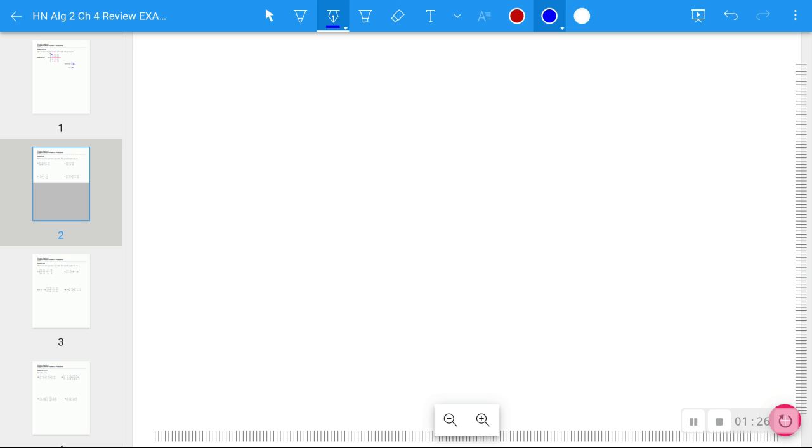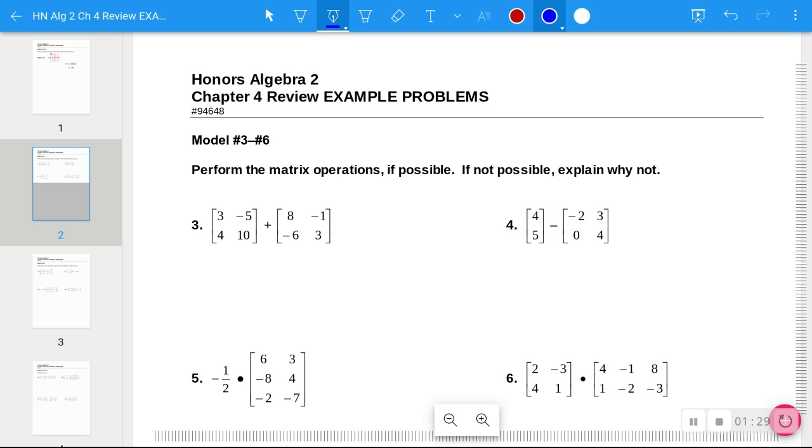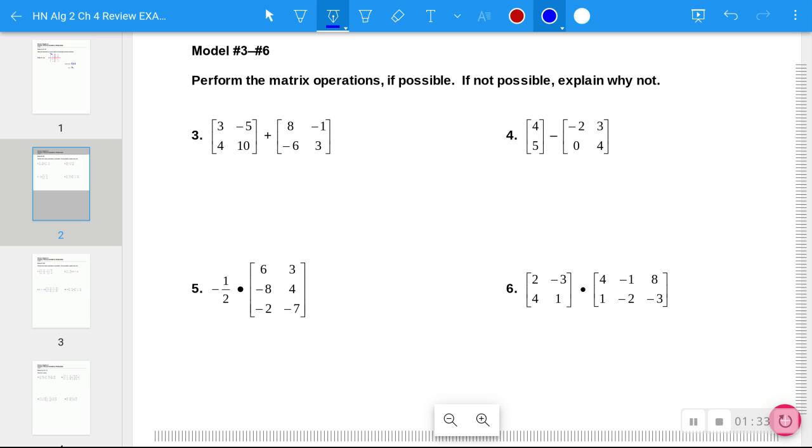Okay, the next couple problems here, 3 or 4 problems, have a variety of operations. The first one here on number 3, we're going to be adding these two matrices. And when you add matrices, you just do it corner by corner. So we're going to do the 3 plus the 8 to get our new top left-hand corner of 11.